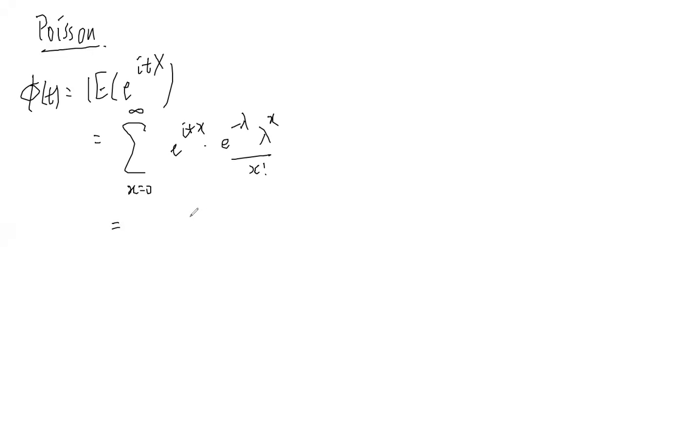Basically take out e^(-lambda), and you have (lambda e^(it)) to the power of x over x factorial.